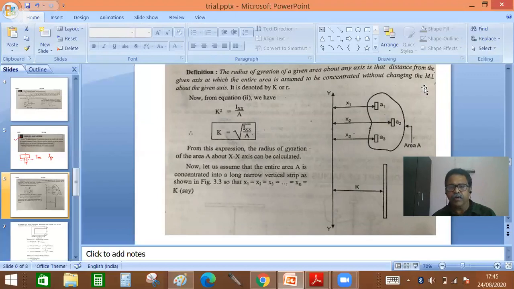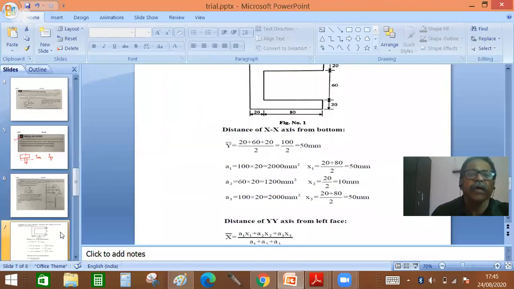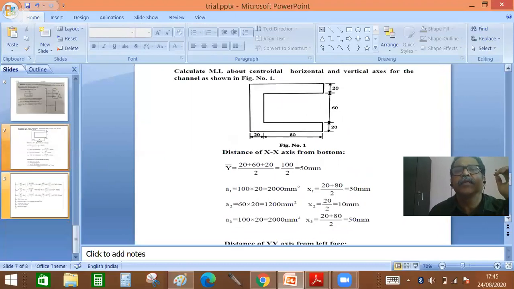Then we have to go for, as you can see here, calculating the moment of inertia of a channel. For this channel, you have to calculate the moment of inertia. This is a problem from your examination. Calculate the moment of inertia about the centroidal vertical and horizontal axes. Horizontal and vertical axis means what?